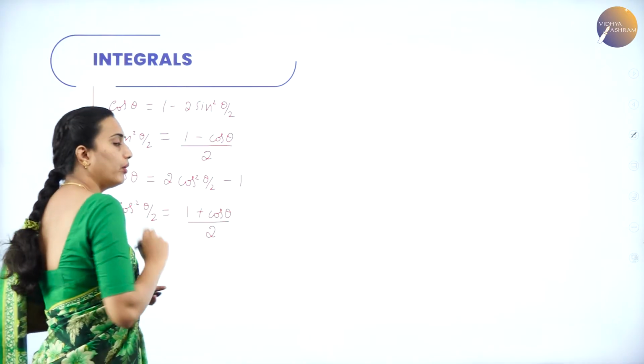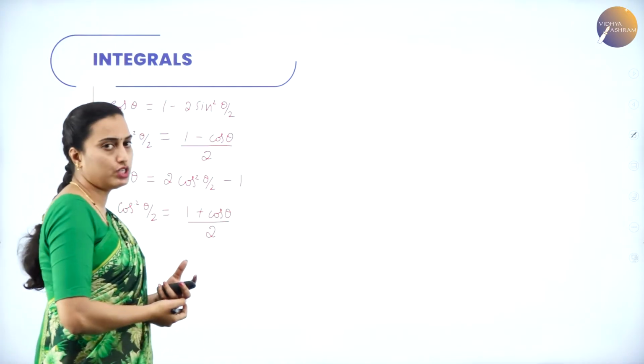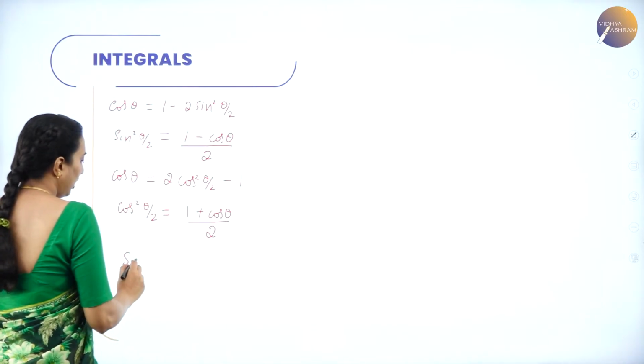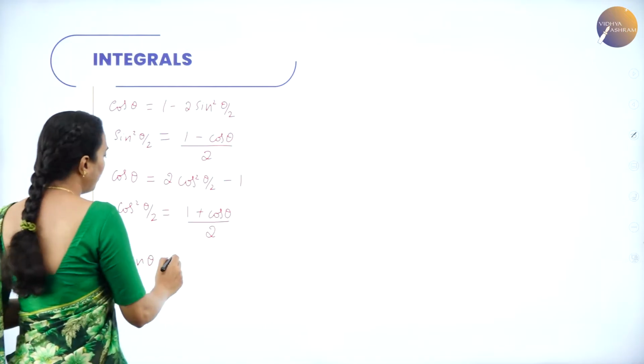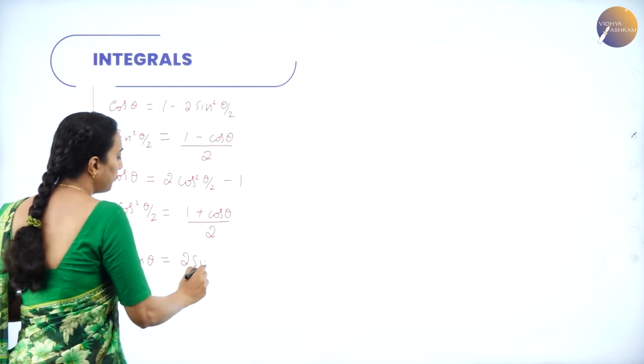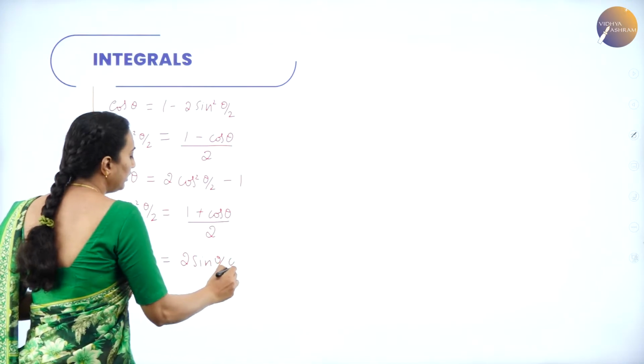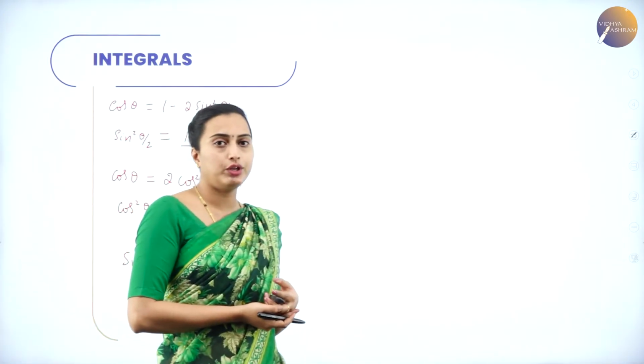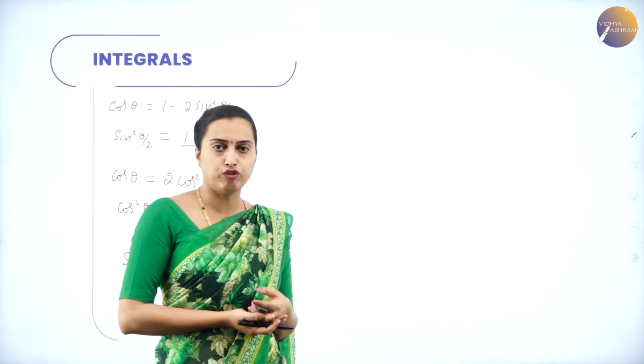So this is a formula you need to remember, dear students. Similarly, you can write sine theta also in the form of 2 sine theta by 2 into cos theta by 2. Understood? These are known as the half angle formulae.